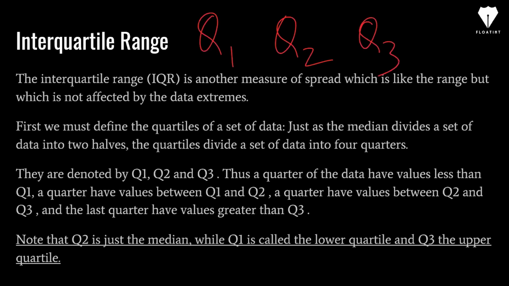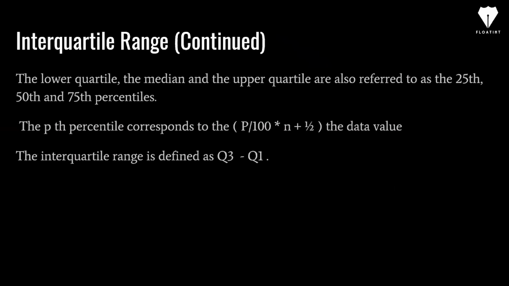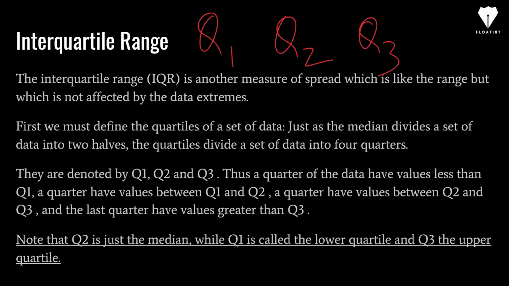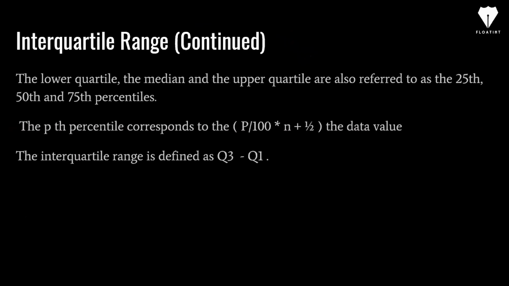What are these? So Q1 is nothing but the number below which 25% of your data set lies, right? And Q3 is the data point below which 75% of the data points lie. Okay. So I'll just show you how to calculate Q1 and Q3.